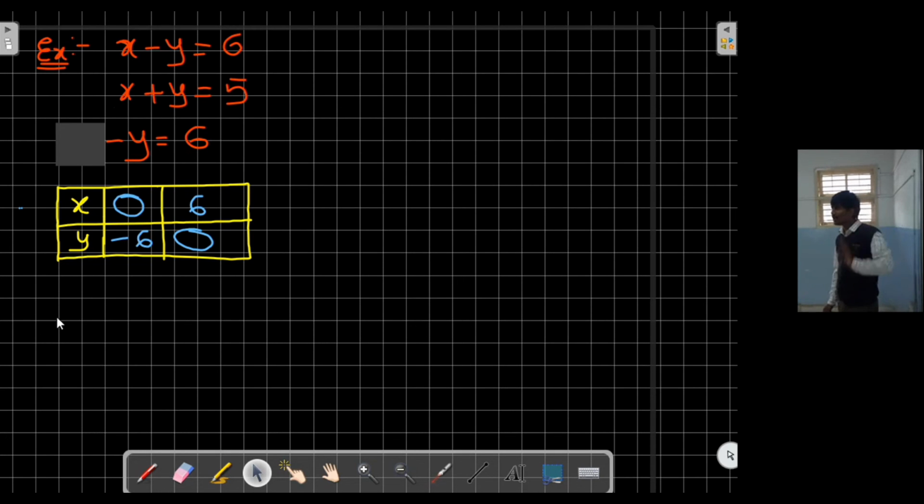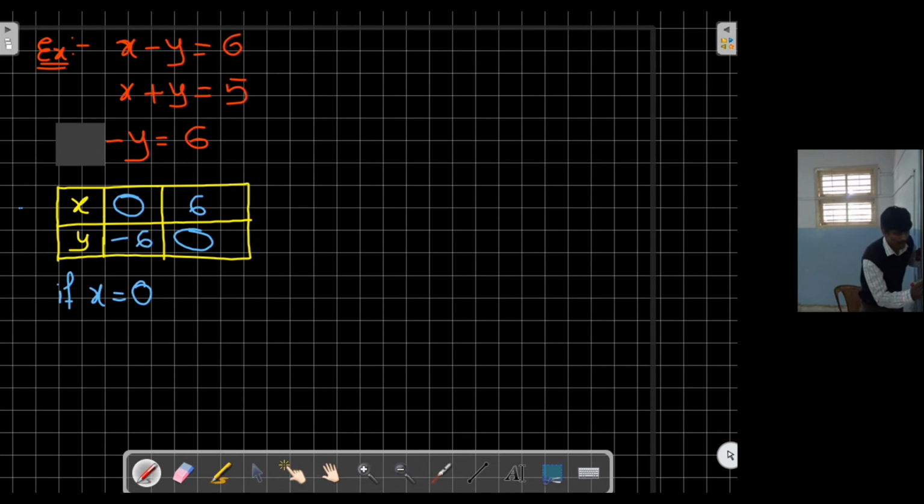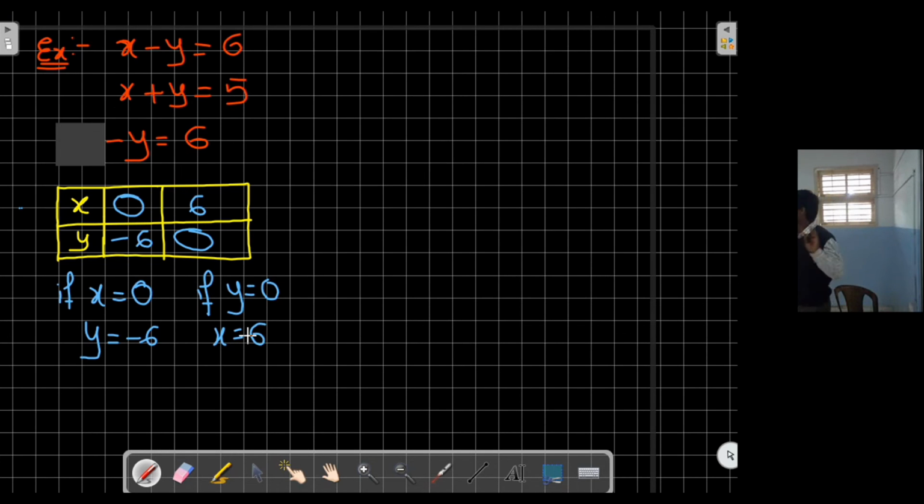Minus y is equal to 6, so therefore y is equal to minus 6. So you have to write it here: if x is equal to 0, y is equal to minus 6. Next, if y is equal to 0, x is equal to 6. So let us follow this method. It is very easy.